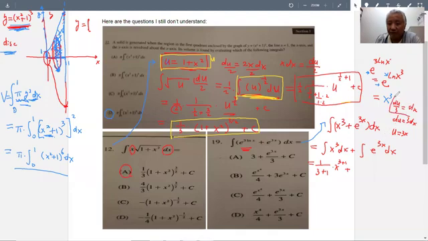I'm going to substitute this one to here and here, okay? So the exponent 3x will change to u, and then dx will be du over 3, right? And then continue.